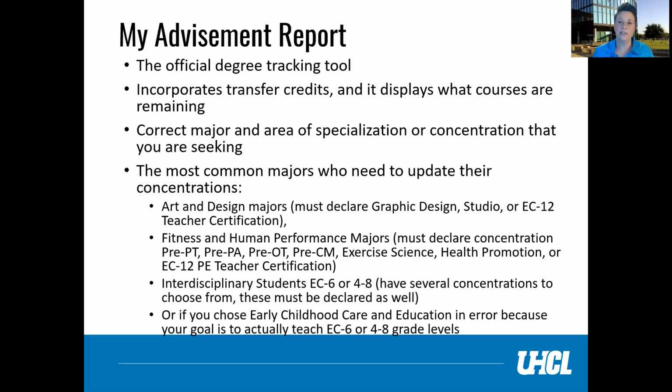So you're not really working at a school district, you're working usually with an independent company for child development. And so that's what this program is going to prepare you for. So if you did apply for that and you did intend to be an interdisciplinary studies teacher, EC through 6, then be sure to reach out to us so that we can get that update form to you and get your concentration and your program plan updated correctly.